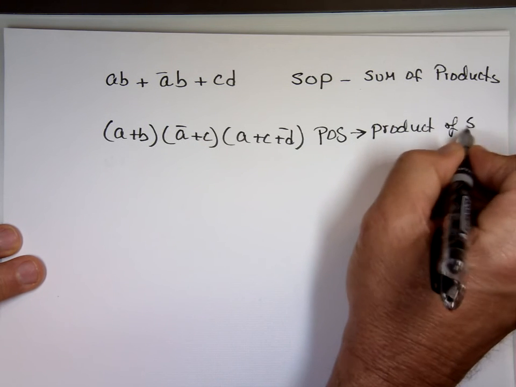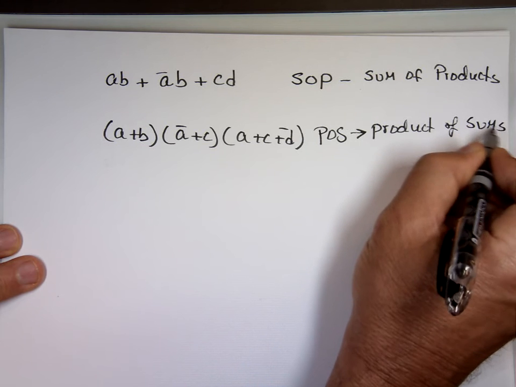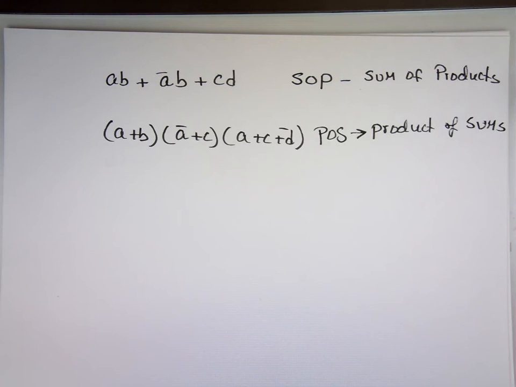In some cases, the problem says give me the sum of product, or let's say give me the product of sum. So here's the book, it talks about a sum of product expression.